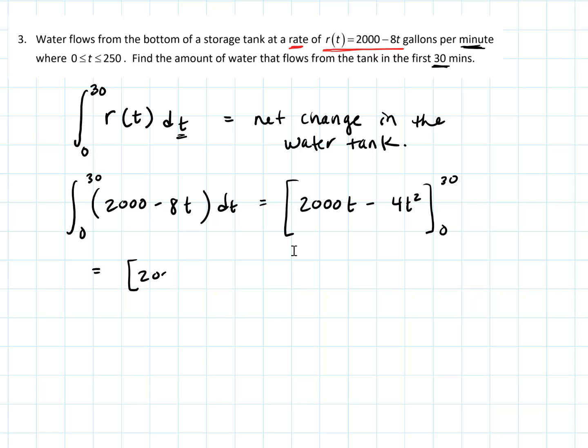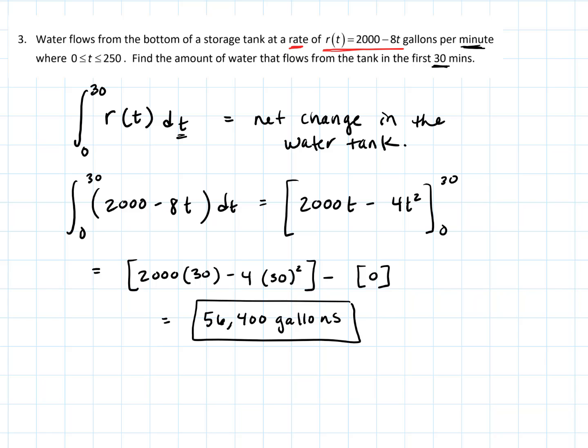Now we just plug in our bounds and evaluate it across the first 30 minutes. And we get 56,400 gallons have flowed from the tank over the first 30 minutes.